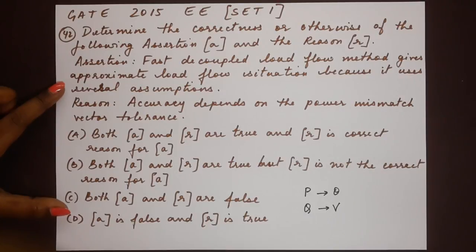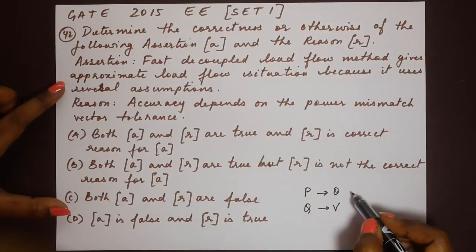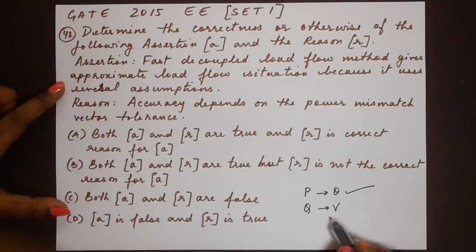when they are linearized, the equations that we get are called fast decoupled load flow. So in the solution process, the results of the P theta equations are used in order to solve the QV equations, or vice versa.